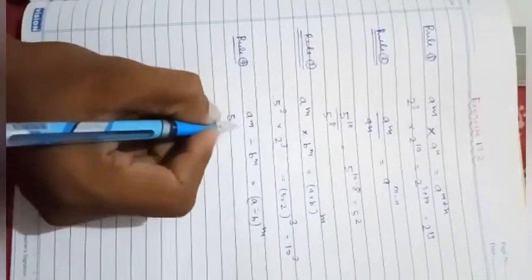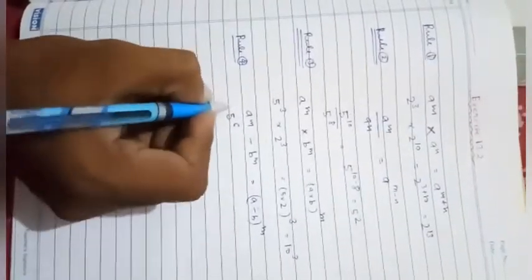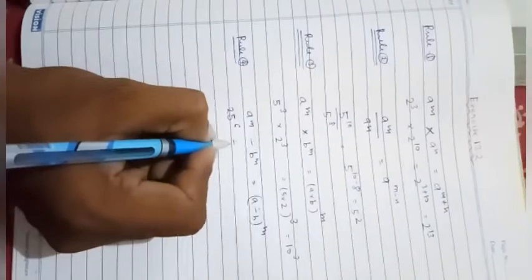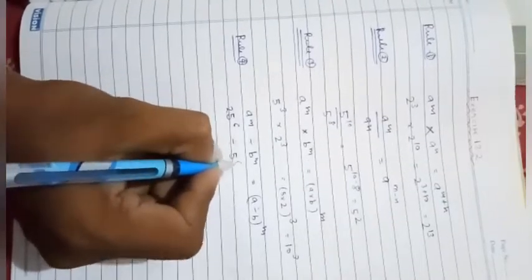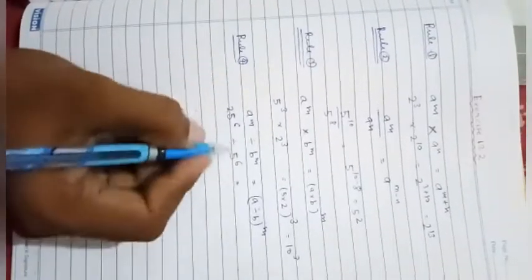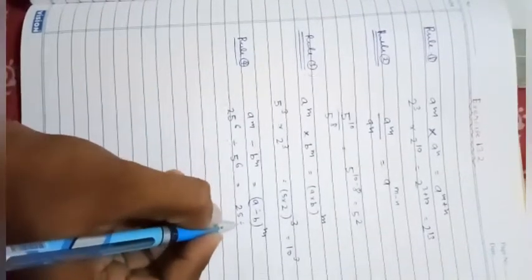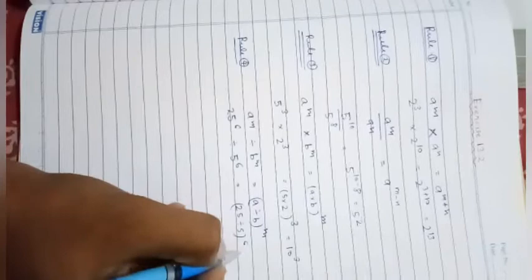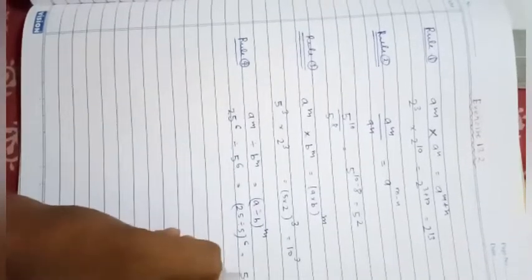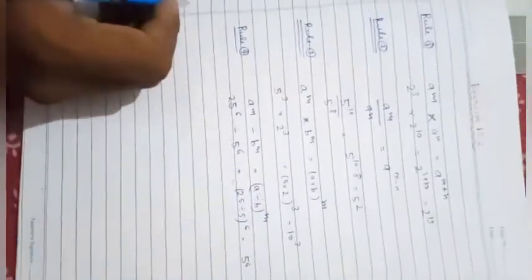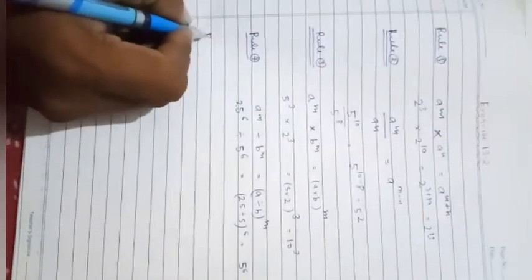Suppose 25 raised to 6, division sign, 5 raised to 6. Here you can see bases are different. Here is 25, here is 5. So you can write like this: 25 divided by 5, whole raised to 6.